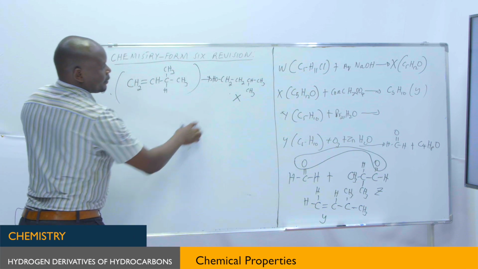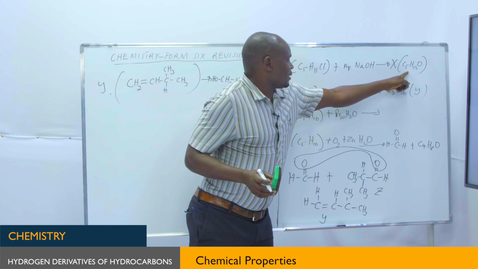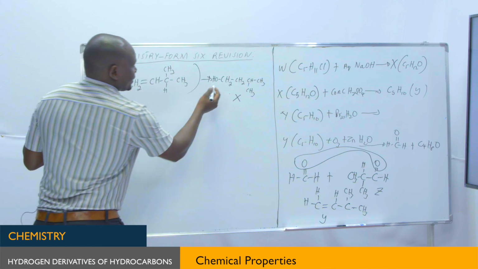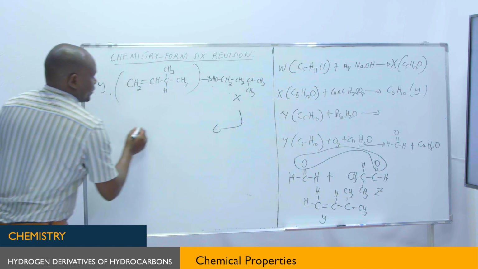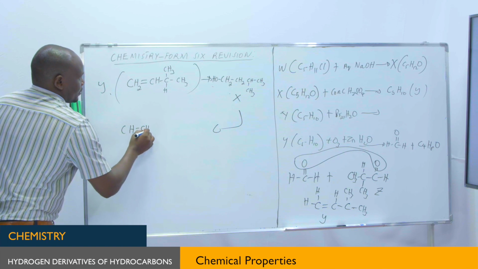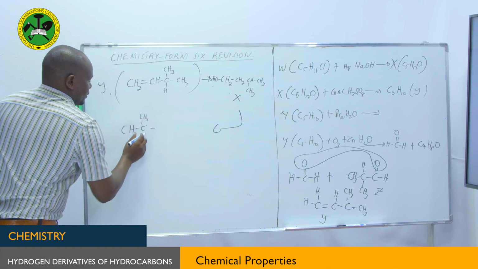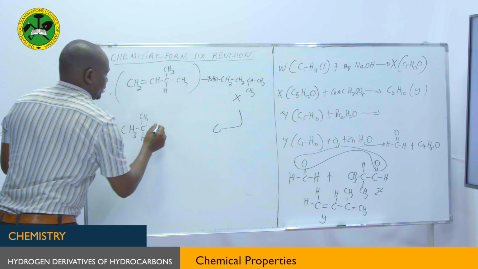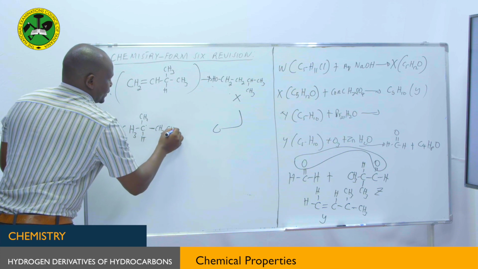Then after the backward reaction from X, our alcohol, to the haloalkane, you can treat it with the reagent, the backward reaction. It means that the OH here was replaced by a chlorine atom. So from there you come back to CH3, CH, then here we have CH3, then CH2, CH2, then there will be chlorine.